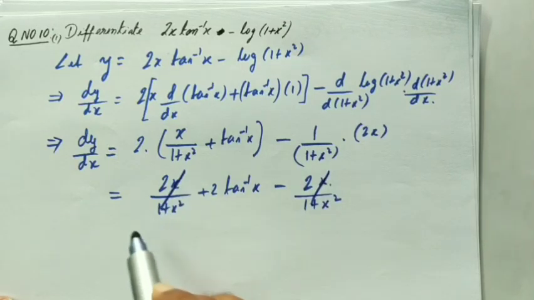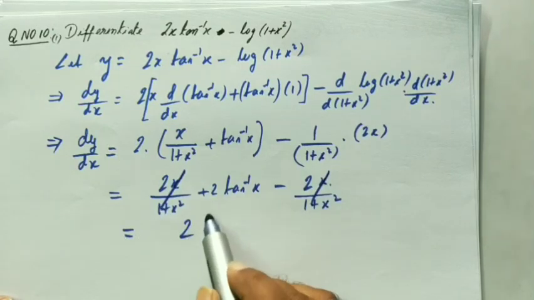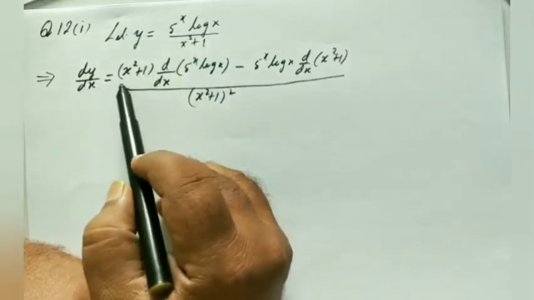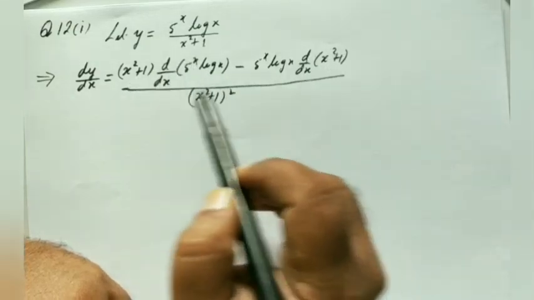This and this get cancelled, and finally we have the answer. This is the answer. So let y be this, and this is the quotient rule.